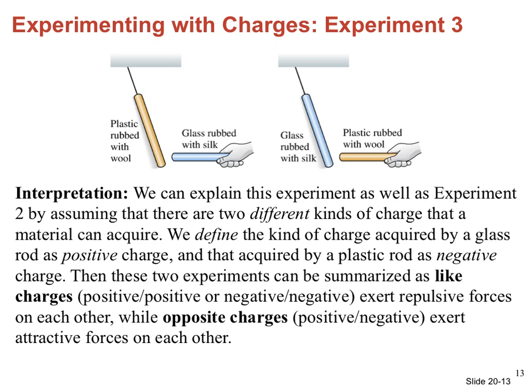So we can explain that we have two different kinds of material, and we assume that then they're getting two different kinds of charge. Maybe one's a positive and one's a negative charge. So one is becoming positive and one is becoming negative, and opposite charges attract. So like charges repel, repulsive forces, opposite charges will have attractive forces.